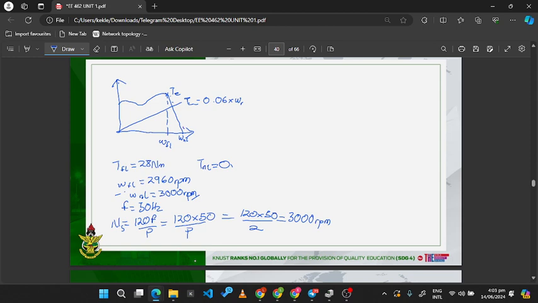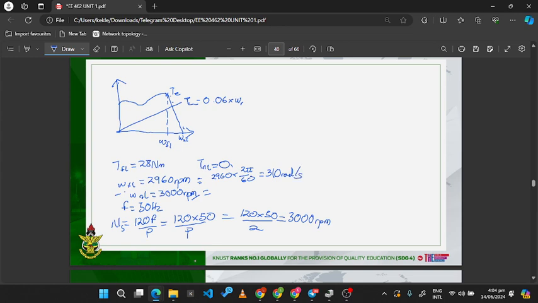So the first thing to do is to find the gradient. Let's convert both these values to radians per second to make it easier to work with. So that will be 2960 times 2 pi over 60, giving us approximately 310 radians per second.